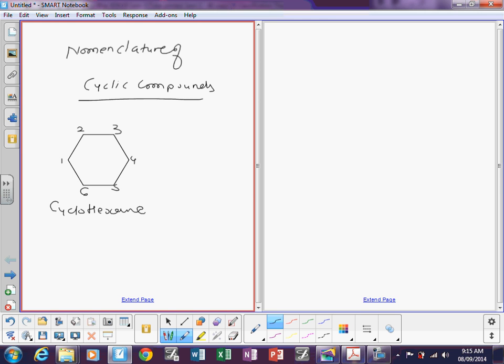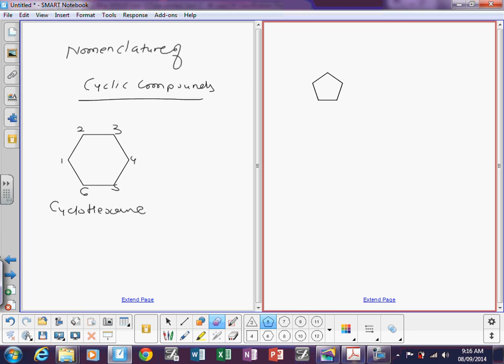However, suppose we have another compound like this, a structure like this. How do we name this? Always try to give numbering from the one where it starts. So we say 1, 2, 3, 4, 5.